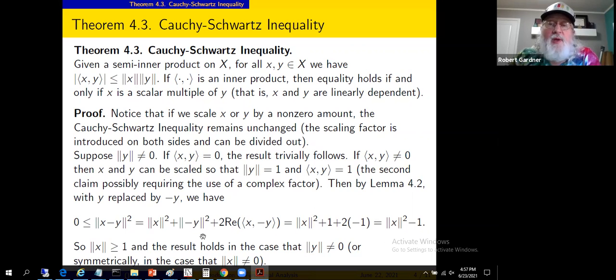Well, we've taken y to have semi-norm 1, so negative y also has semi-norm 1. The semi-norm absorbs a scalar; it has a scalar property. And the norm of y is simply 1, so we pick up a 1 there. Here, we've got a negative sign inside the inner product.